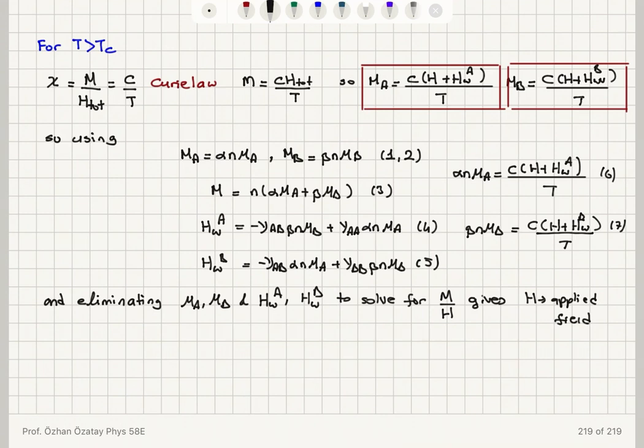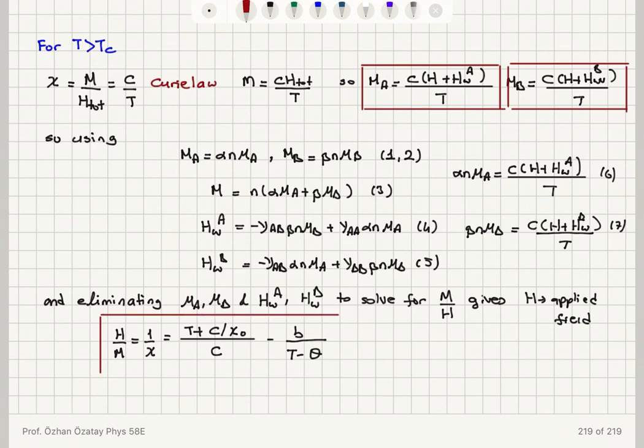This gives, for 1 over the susceptibility, H over M, which is 1 over chi, the following result: T plus C divided by chi 0, divided by C, minus B divided by T minus theta. So this is the end result for the susceptibility of the ferrimagnet.